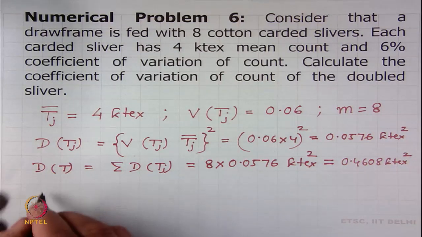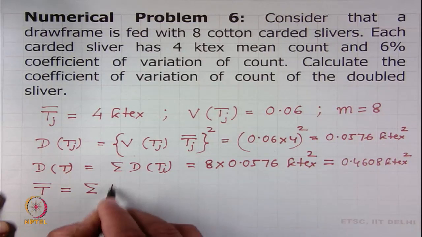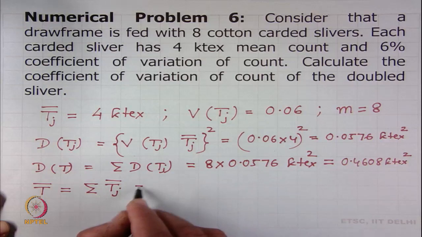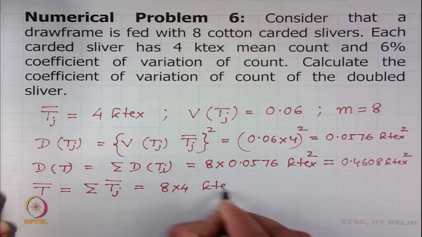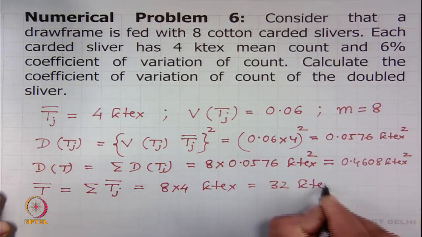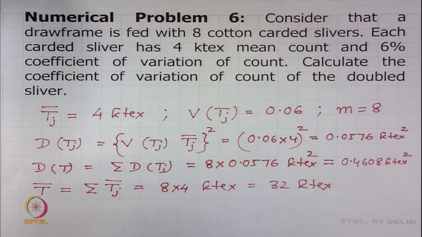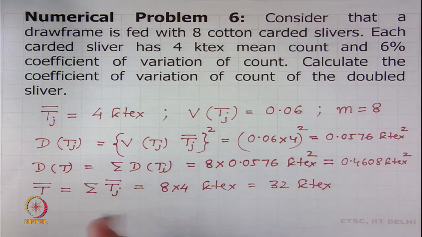And what is the fineness of double sliver? 32 kilotex. So, you know variance, you know mean, you have to find out CV.